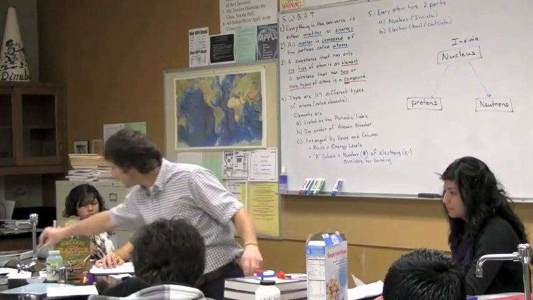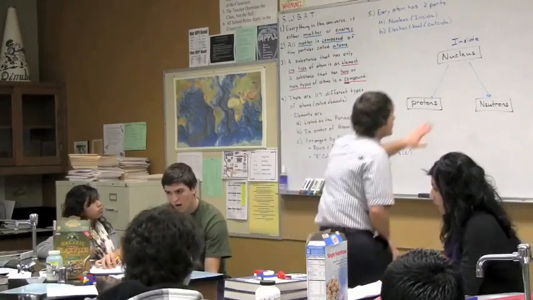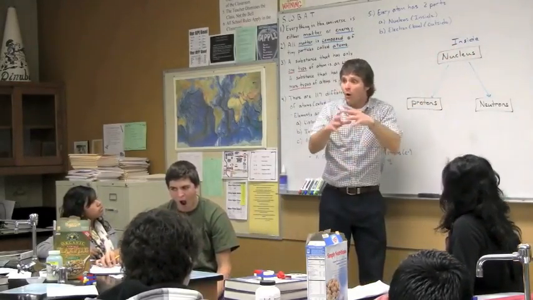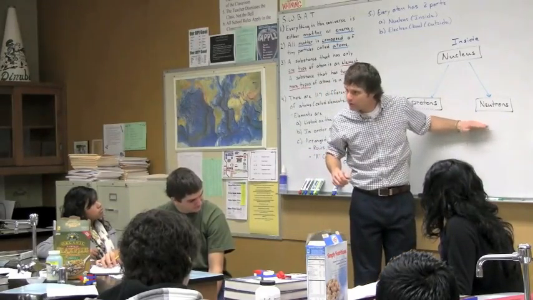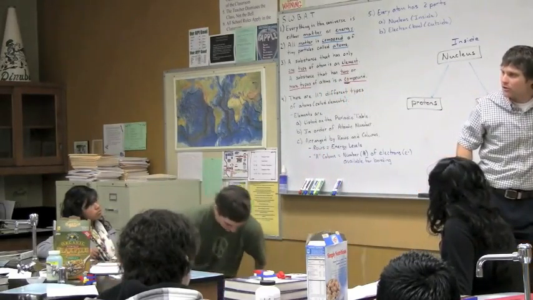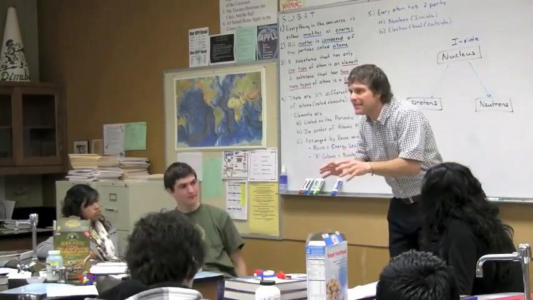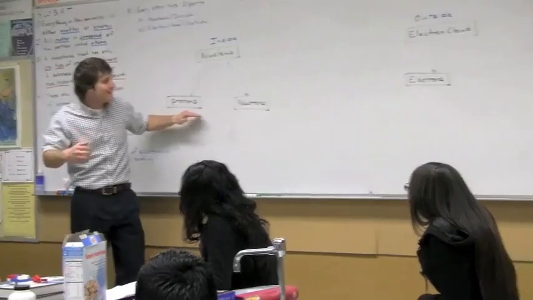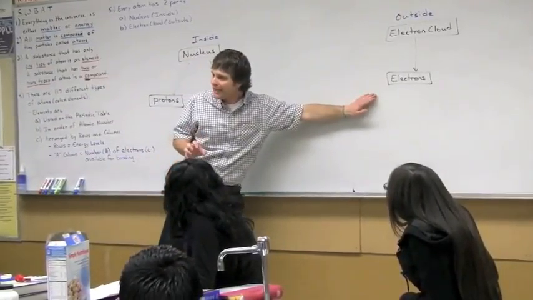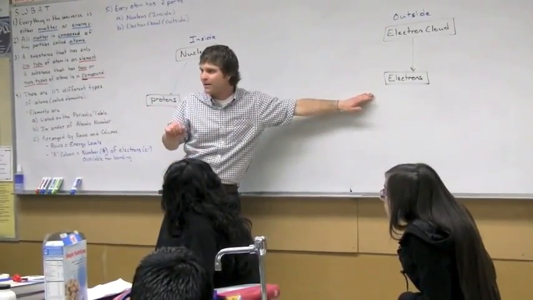Somehow these atoms are different than these atoms within this matter. And so when we look at the structure of the atom, the only thing that's in the atom are these particles, the protons, the neutrons, and the electrons. So the only thing that can be different is the number, or how many of these particles are in each one of those atoms.